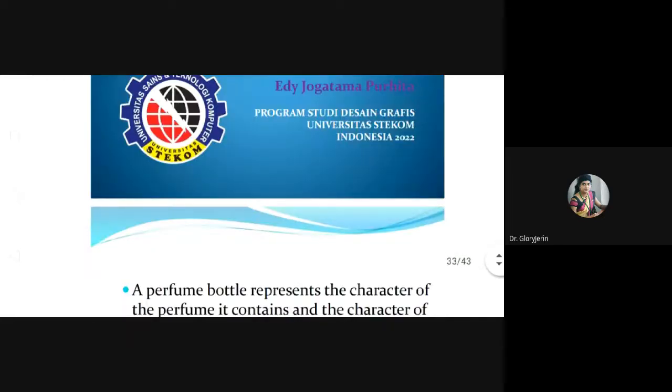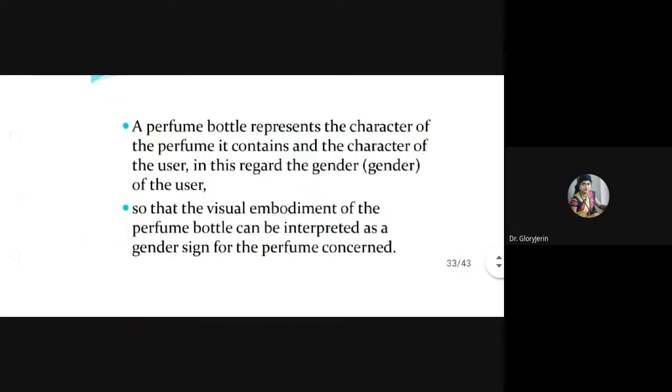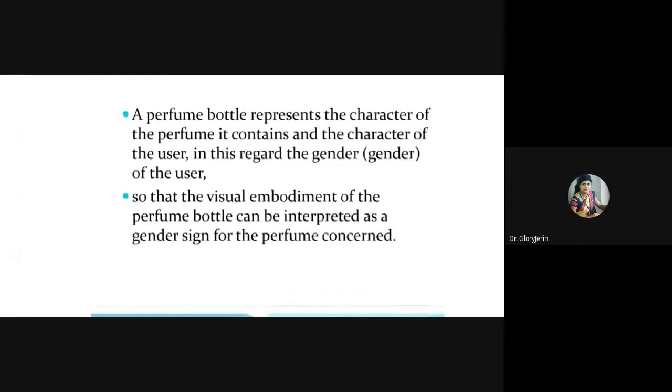So we can analyze how a perfume bottle represents the character of the perfume it contains, and the character of the user.